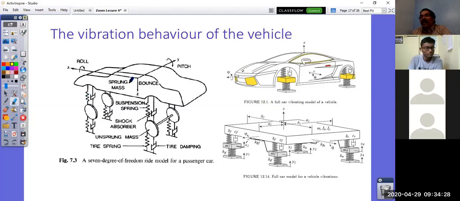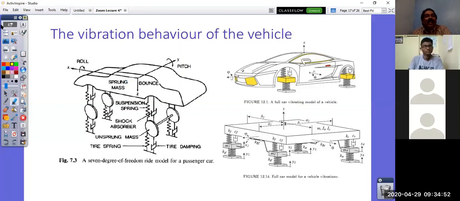You cannot get away from those vibrations, but they should have limited amplitude, so that whether you look at your comfort criteria from Janeway's criteria or ISO 2631, those values are well within the boundaries of amplitudes. So that is the interest.